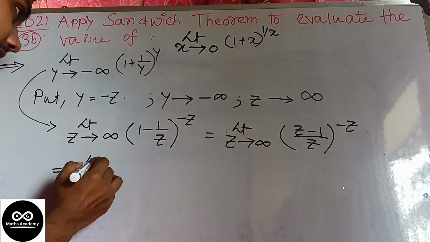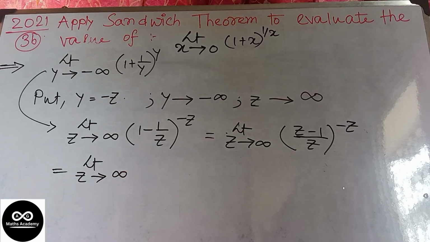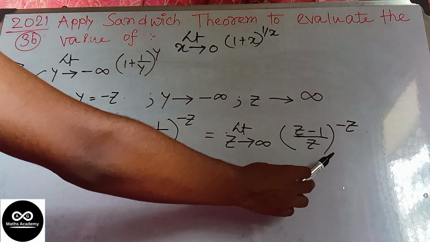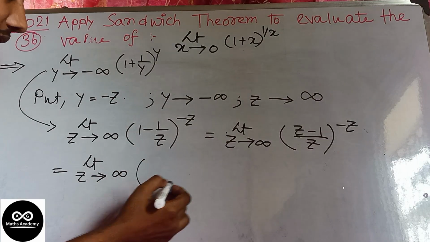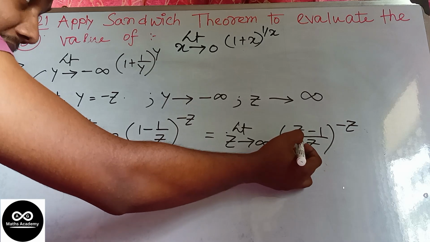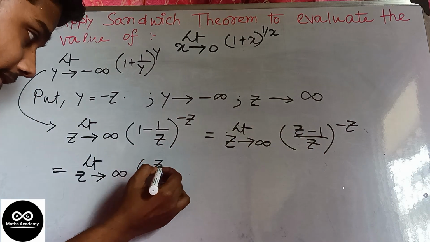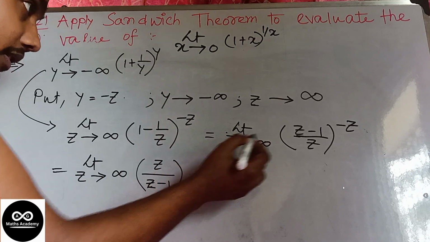This will be the limit as z tends to infinity, and as it is to the power minus z, this will be z/(z - 1) to the power z.